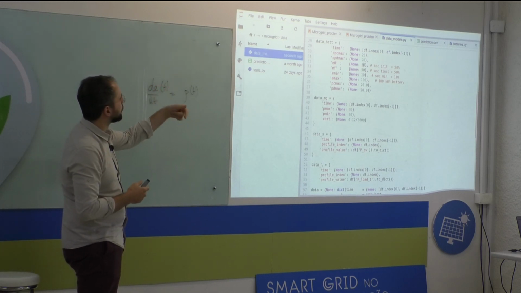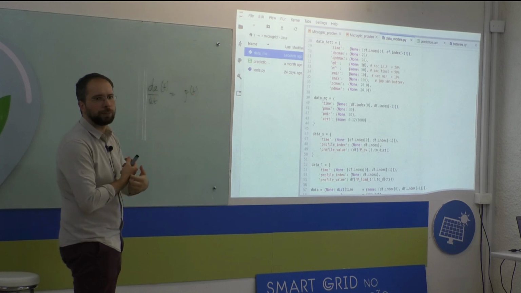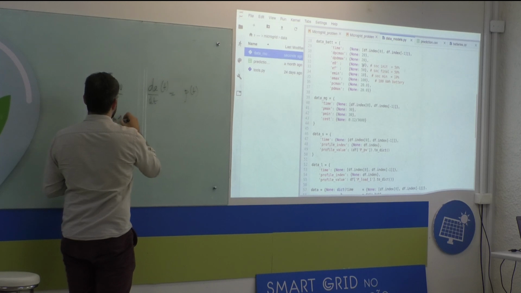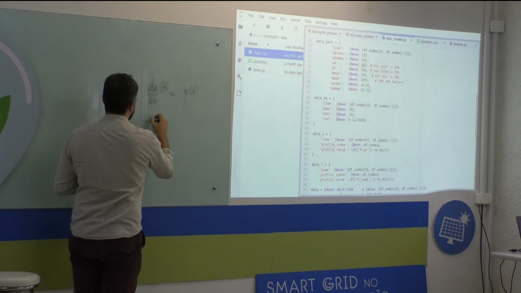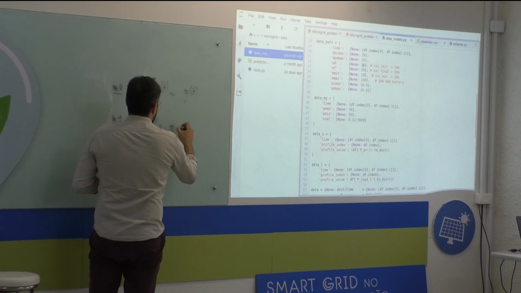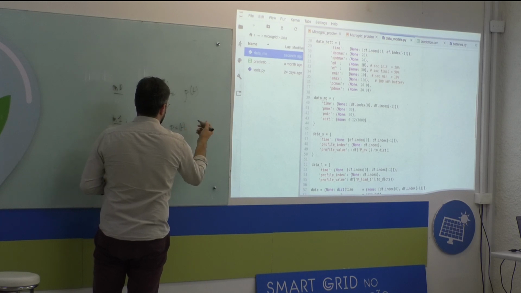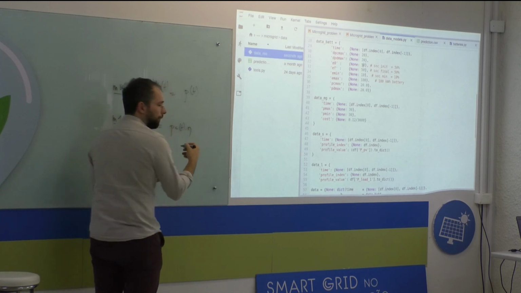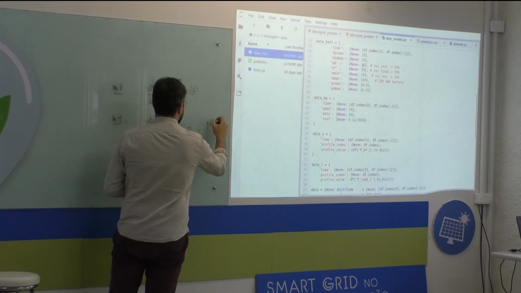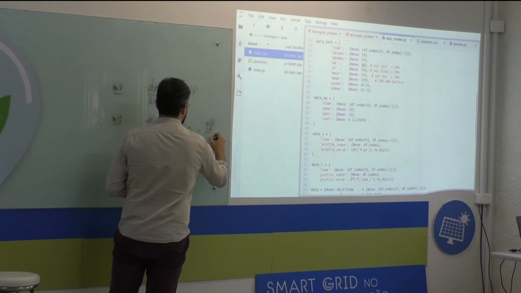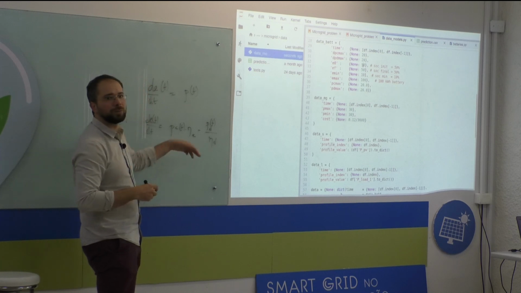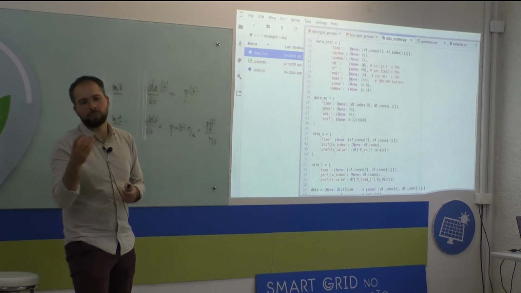Então é possível achar na livraria um modelo um pouco mais avançado, que fala que a variação da energia é P da carga com uma eficiência da carga menos a potência da descarga. Então isso bota uma eficiência, mas não é muito físico.